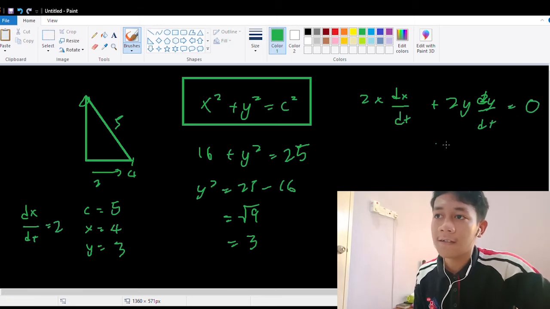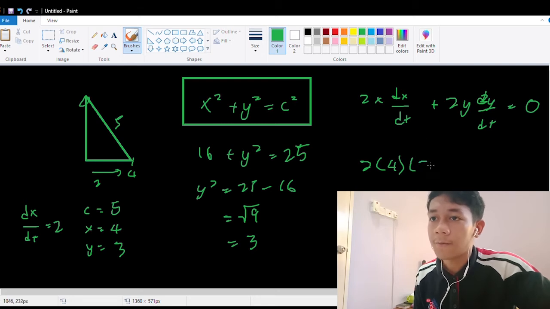Since c squared is 25 and is constant, it becomes 0 after differentiation. The one that we need is dy/dt. For the other variables, we already have the information and we just need to put it in. So it will be 2x, x is 4, dx/dt, which is 2, plus 2y, y is 3, dy/dt equals 0.